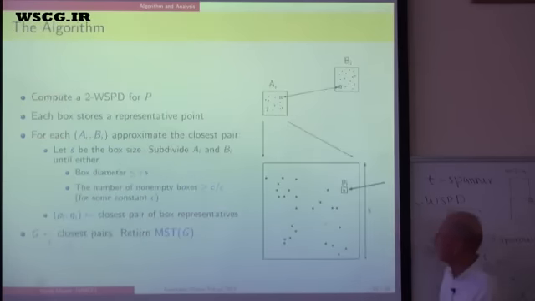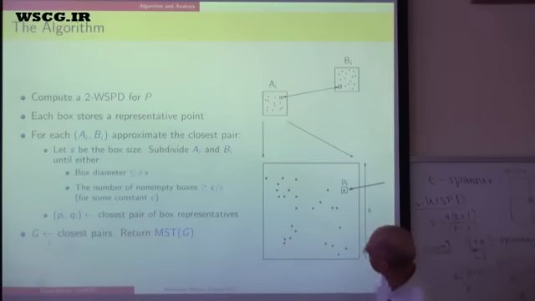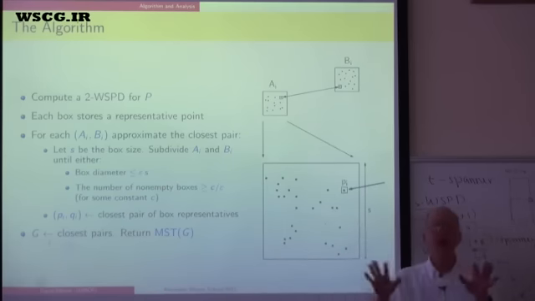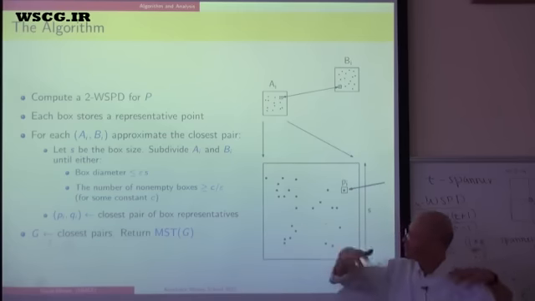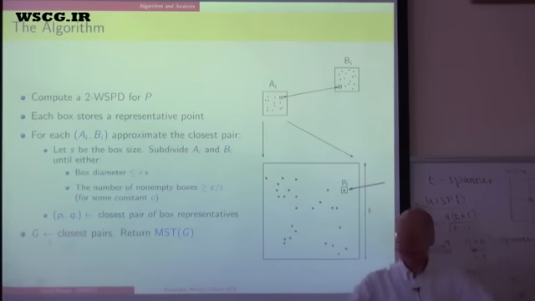By the way, let me first go back and just ask whether the algorithm is clear. So let me outline this again. You start by building a very coarse, well-separated pair decomposition, independent of epsilon, just a two-factor thing. You look at every well-separated pair, and I want to find a good choice for the closest pair. So I just split until either the boxes are small, good, because small boxes give good approximation, or lots of boxes. Lots of boxes are good because it means your spanning tree is very bushy.